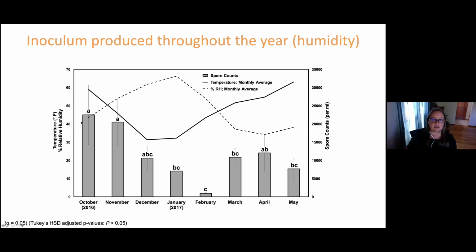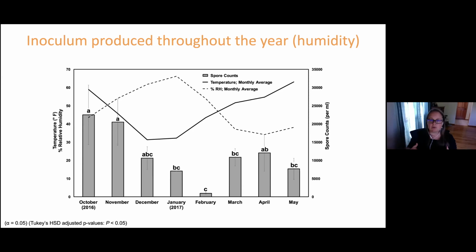But you can see here that spores are produced even in December and January when relative humidity is high, which we always assumed would stop growing. We assumed the Cytospora wouldn't be producing spores throughout the winter season, but it does. So you can get spores that land on a tree. The trees are shut down, right?